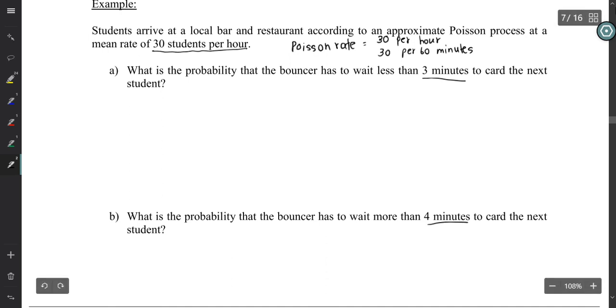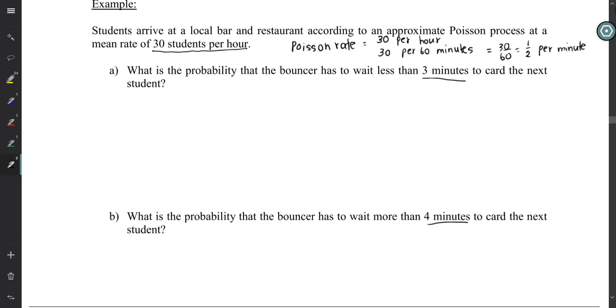We converted our rate from hours to minutes, because the probabilities are asking about 3 minutes, 4 minutes, so you cannot keep the rate in hours. You have to have the same unit. So 30 per hour means 30 per 60 minutes. What is it per minute? You divide 30 by 60, so that is 1 over 2 per minute.